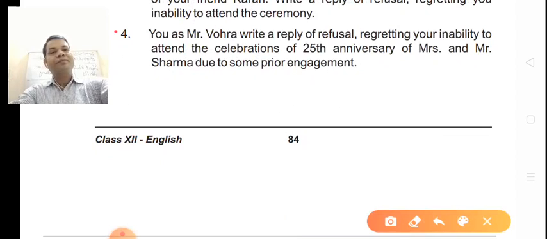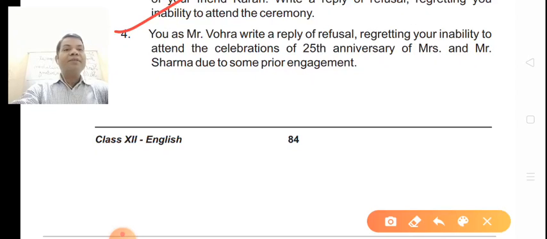Fourth one, you as Mr. Vohra write a reply of refusal regretting your inability to attend the celebrations of the 25th anniversary of Mrs. and Mr. Sharma due to some prior engagement.